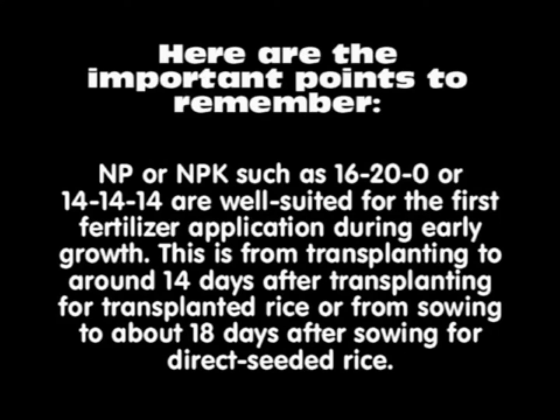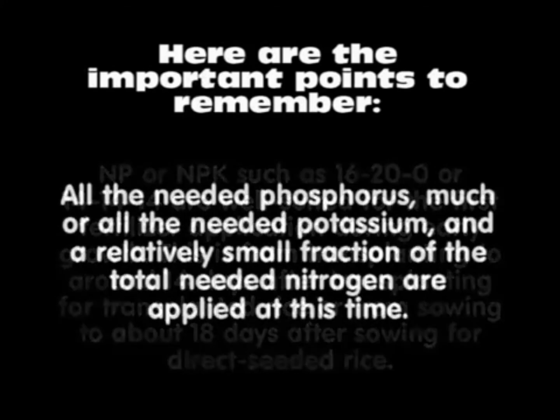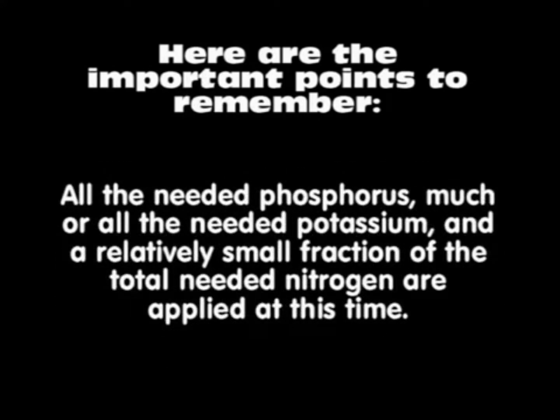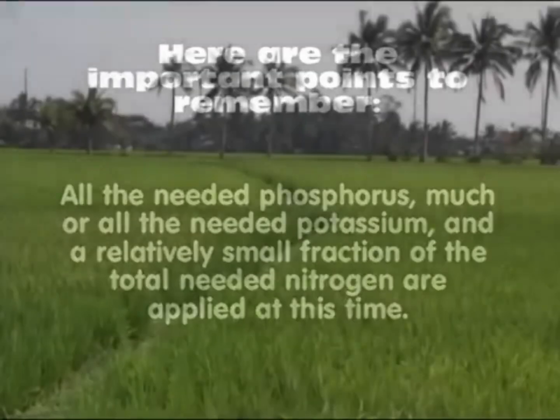This is from transplanting to around 14 days after transplanting for transplanted rice, or from sowing to about 18 days after sowing for direct seeded rice. All the needed phosphorus, much or all the needed potassium, and a relatively small fraction of the total needed nitrogen are applied at this time.